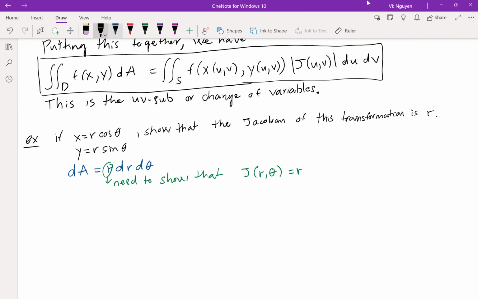Okay, so we're gonna do the Jacobian of r theta. First one is the partial x with respect to r, and partial y with respect to r.